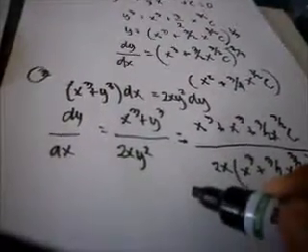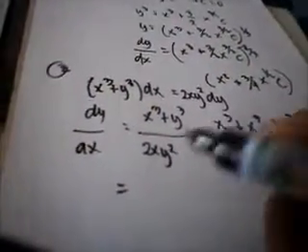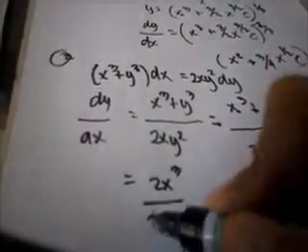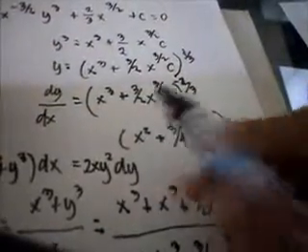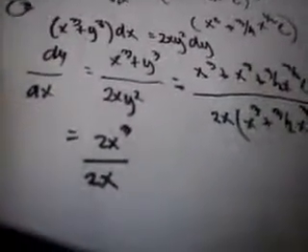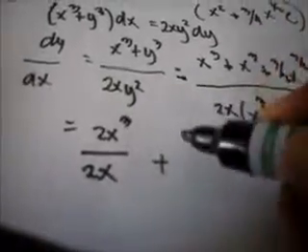Then if we simplify this, we have 2x cubed over 2x. We assume dy/dx has this term, and it's just equal to this one, so we can cancel that for us to simplify our solution, and it's easy to look at.